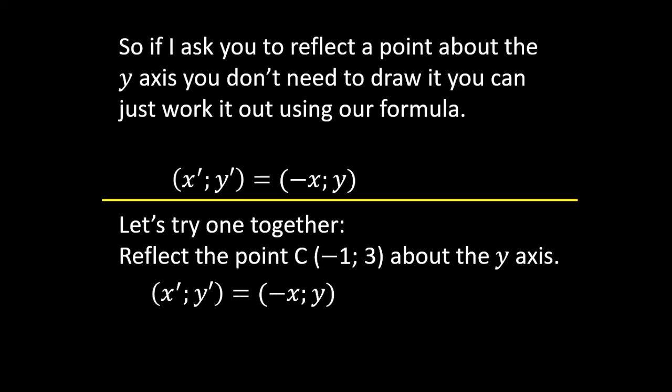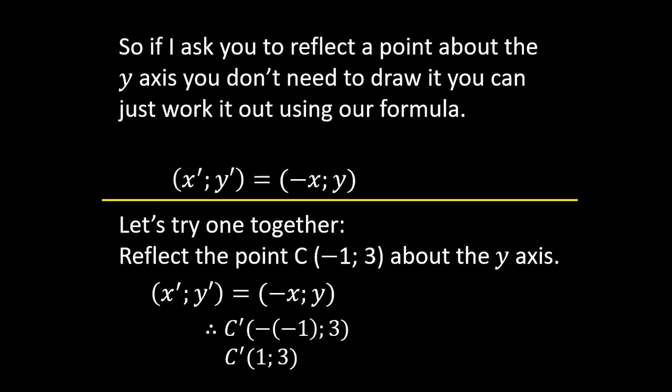So we substitute our C values for x and y into our formula, and we get C prime is equal to (-(-1), 3). Have a look. Negative x, my x for point C is negative 1, and then y stays the same, which is 3. So C prime is (1, 3).